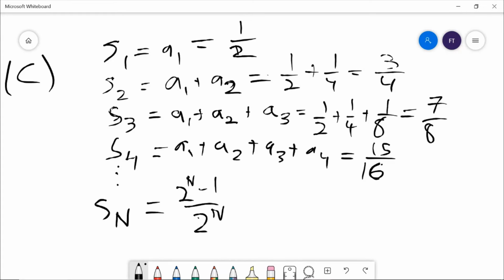So it is equal to 2 to the n minus 1 over 2 to the n. And another way we can write this, which will allow us to see the answer to part D a little easier, is that we could write this as 1 minus 1 over 2 to the n.